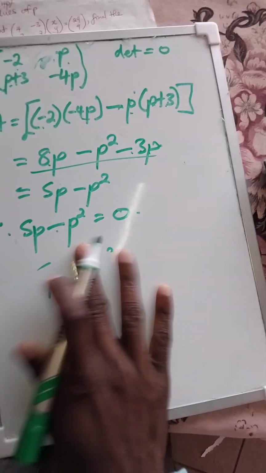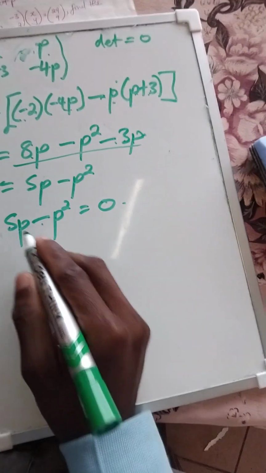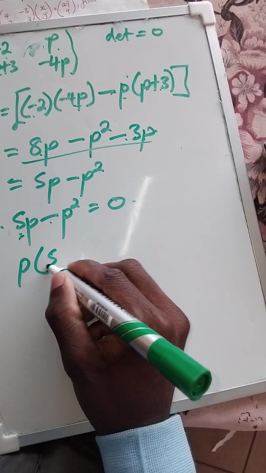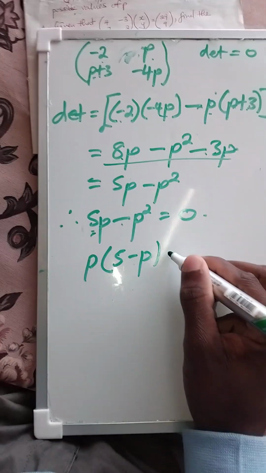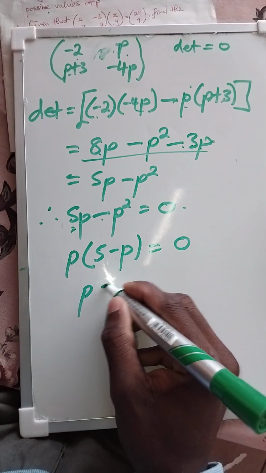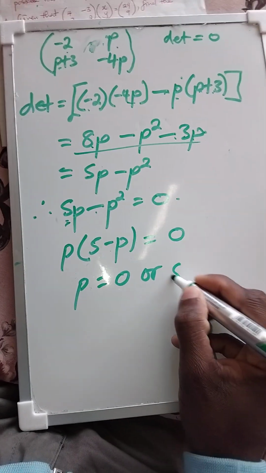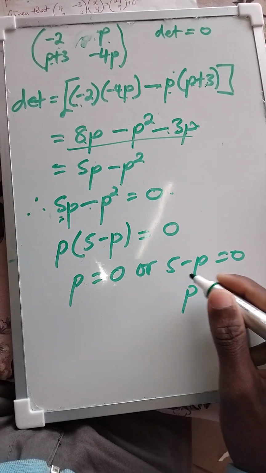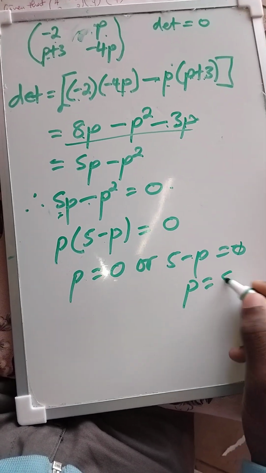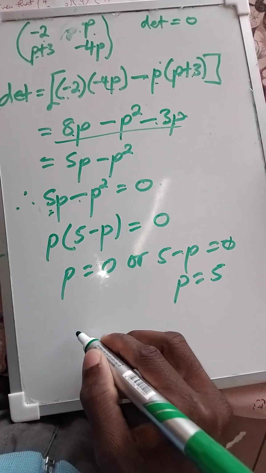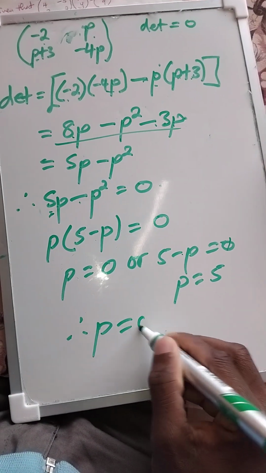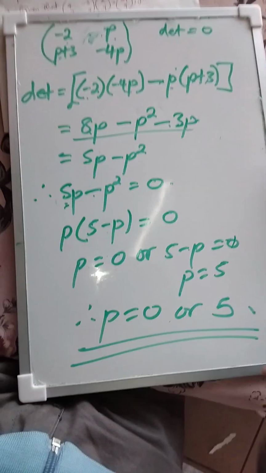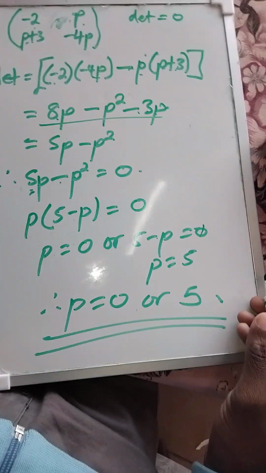Taking p as a common factor, we remain with p times 5 minus p is equal to 0. So p is equal to 0 or 5 minus p is equal to 0, which gives 5. Therefore p is equal to 0 or 5. So those are the values of p.